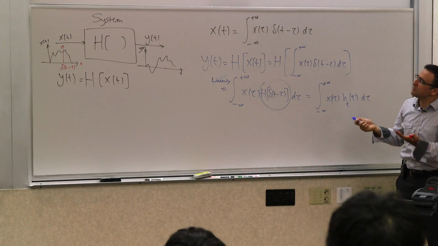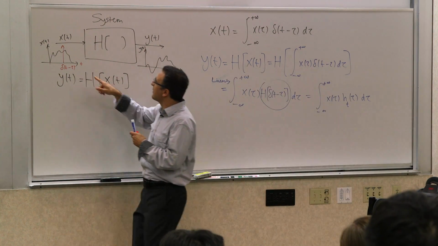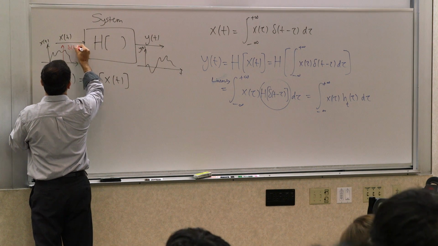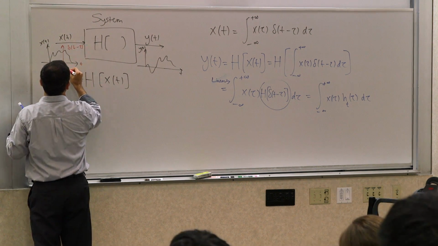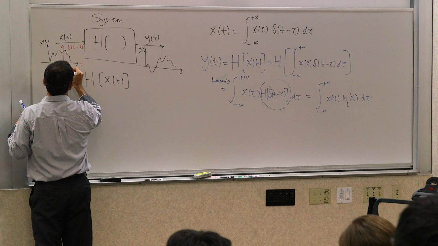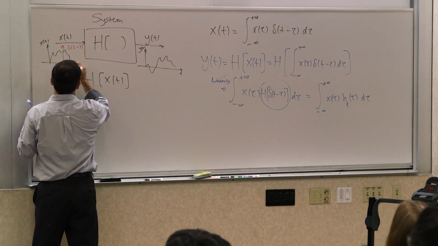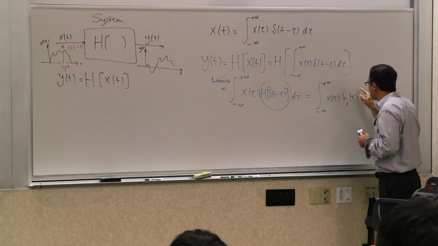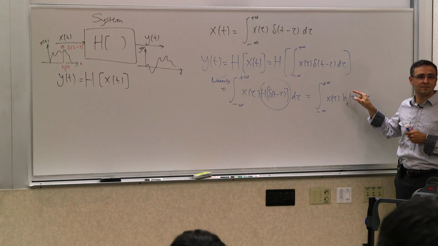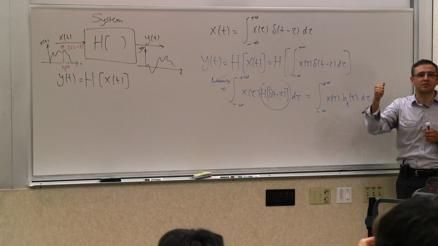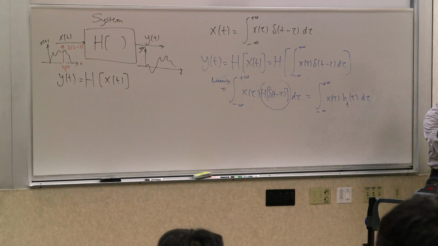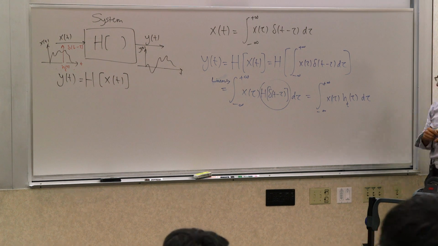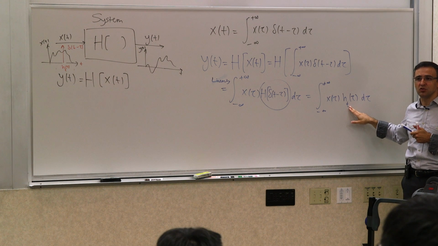It's the response of the system to an impulse at time t equals tau. So this is delta of t minus tau. And this is going to be h sub t of tau, or tau of t, doesn't matter. This is the impulse response of the system to an impulse at time t equal tau. You can see it's both a function of t and tau in general.